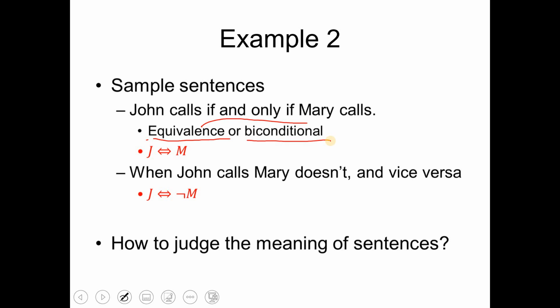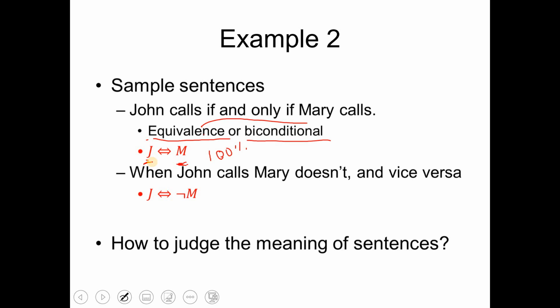What does it mean? If and only if means equivalence. It means that both the events are 100% same. When John calls, Mary must call. But when Mary does not call, or John does not call, Mary will also not call. They are 100% same.